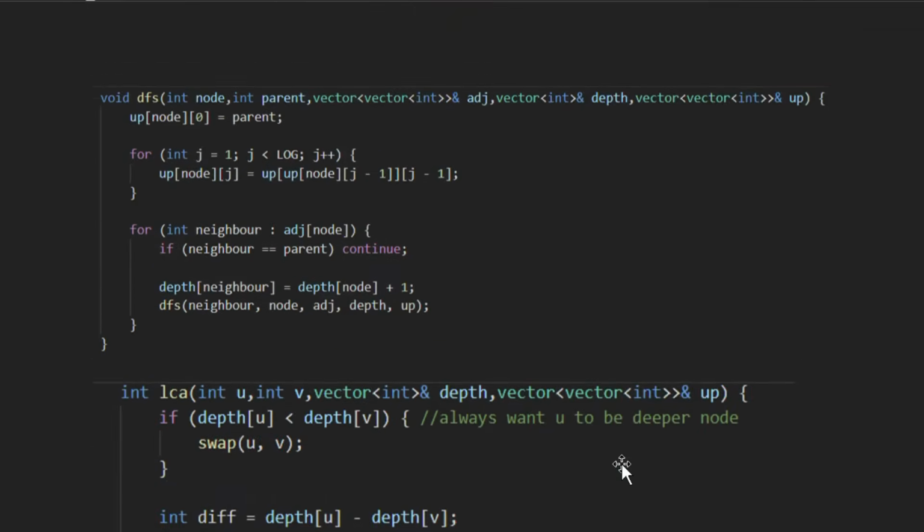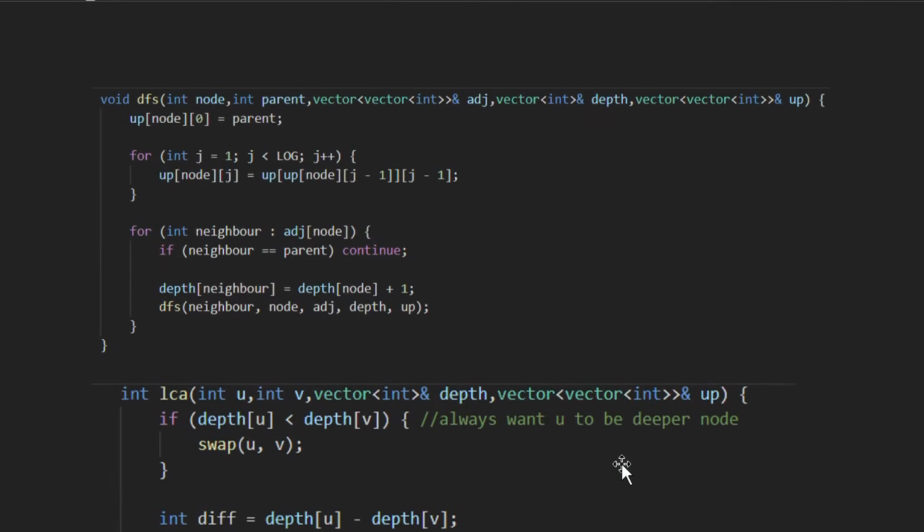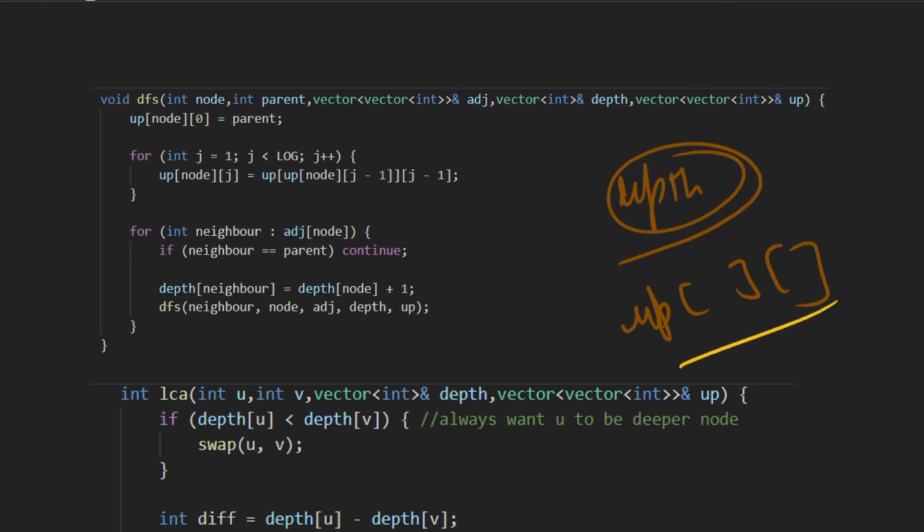Then we have this dfs function. What this dfs function does is it will find the depth of the node. Also it will help us make the up table, right? Whenever we get a node, we make the zeroth parent. So 2 to the power 0 is 1, the immediate parent.